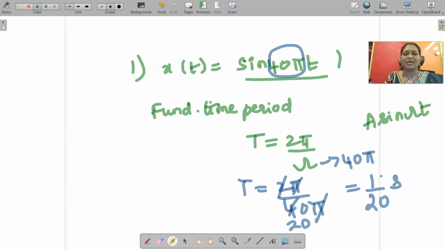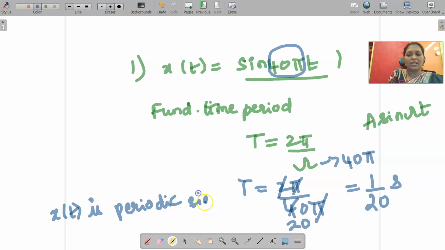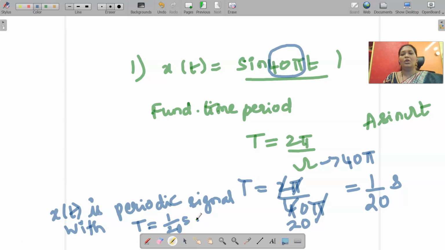Since a sinusoidal signal is always a periodic signal, we can write the statement that x of t is a periodic signal with fundamental time period capital T equal to 2 pi by 45 seconds. That's all.